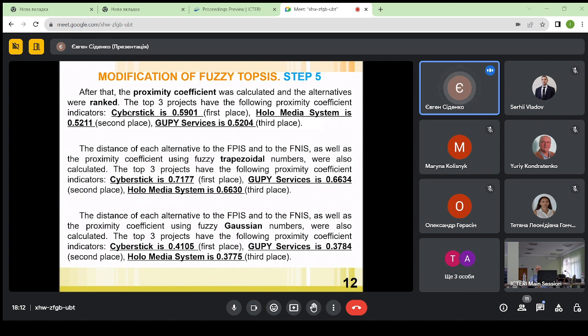It was the first place. A Holomedia system is 0.52, second place, and Guppy services is 0.52, third place. And also using trapezoidal numbers and Gaussian numbers, we see that CyberStick is also the first place.